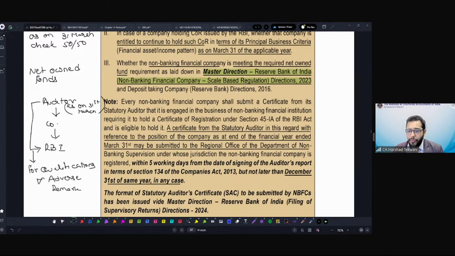Now, I think there was one doubt with respect to the Nidhi company and NBFC. See, Nidhi company is also an NBFC. Being an NBFC, it is governed directly by the central government and the Ministry of Corporate Affairs. It is not under the purview of RBI, because Nidhi company is a specific type of company.